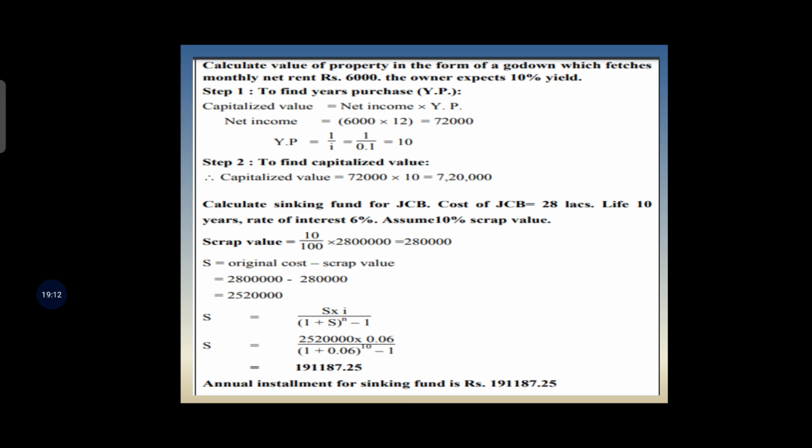Original cost minus scrap value, we got the answer 25,20,000. The sinking fund formula is I equal to S into i divided by (1 plus i) raised to n minus 1. So we put the values and we got the answer 1,91,187.25. That is the annual installment of your sinking fund.